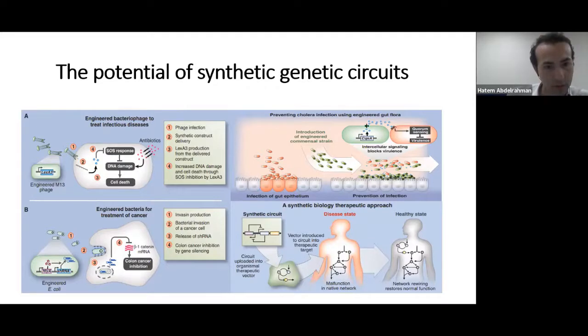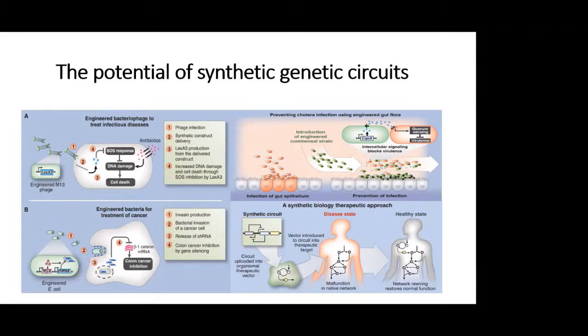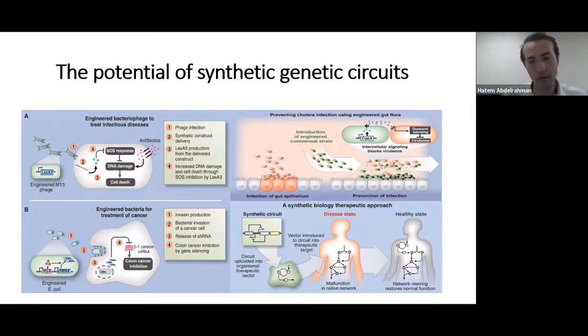Let's talk about, for example, rewiring. You mean the rewiring in the host, right? Yes. Okay. In this case, you could have, for example, a pathological malfunctioning network inside the host. For example, you don't have production of a specific important molecule.